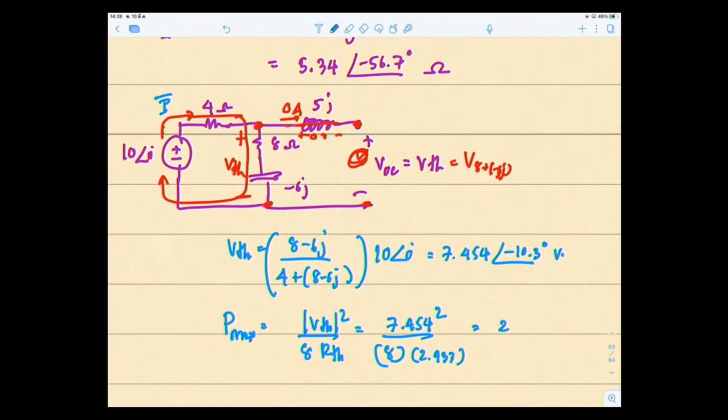So the answer is 2.368 watts, the average power. The unit is watt. So this is how you do it in case you get the question in the exam on maximum average power transfer. Okay, so that's it. A short clip on that.